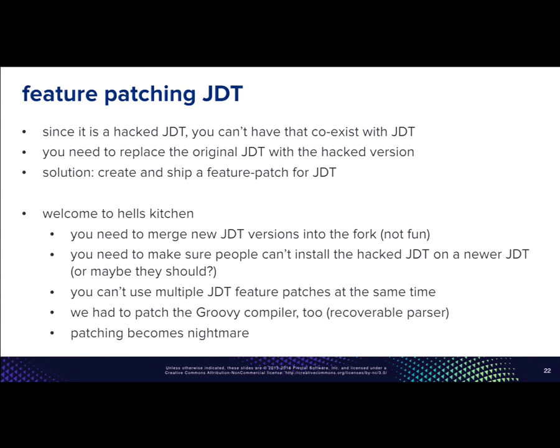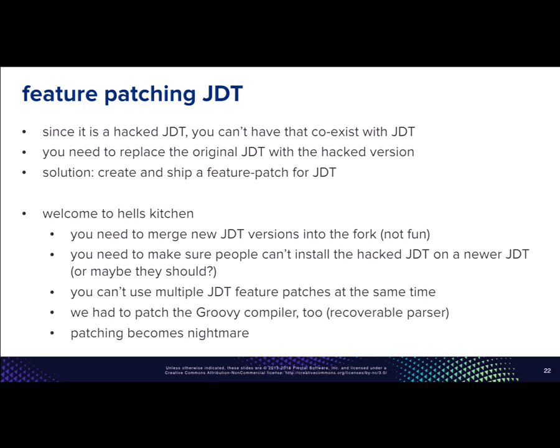OK, if you install Groovy Eclipse, we replace the JDT that you have in your IDE with our version of JDT, with our patched and hacked and improved version. Good point is, it would still work with the SpringJ tooling because that doesn't care about whether it's a real JDT or a patched one. So we did a feature patch, which you can do, right?